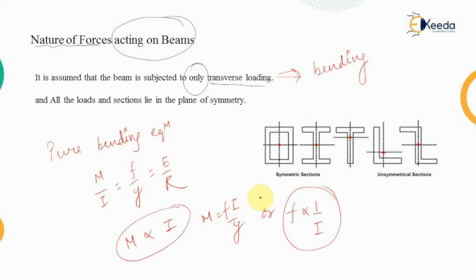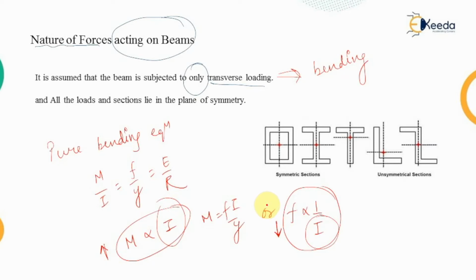So what we try to achieve in the design of beams is to increase this moment of inertia so as to increase the moment capacity and to decrease the stresses in the beams. By increasing the moment of inertia, both the objectives are achieved.